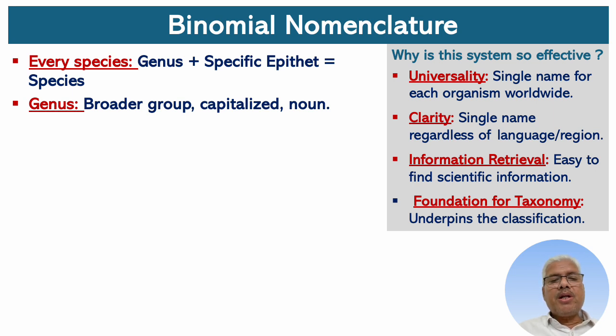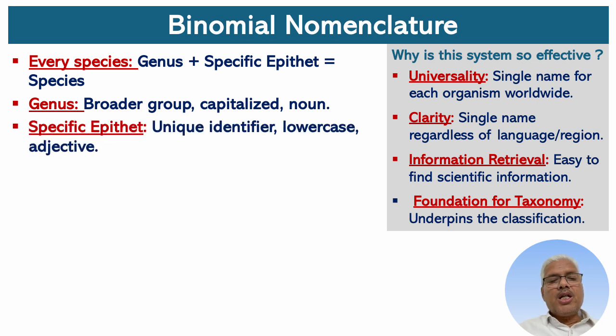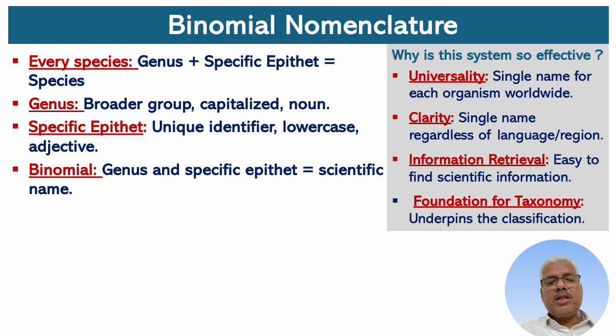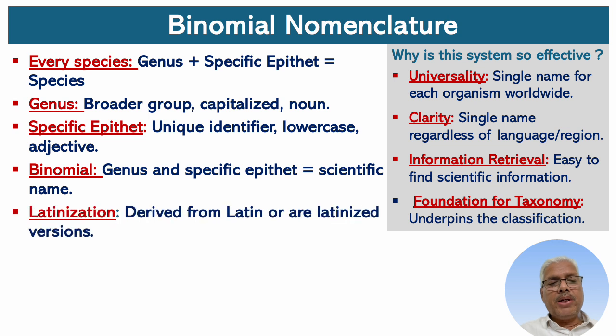It is always capitalized and is treated grammatically as a noun. The specific epithet is the unique identifier. It is the name of the species, distinguishing it from all other species within the same genus. It is always lowercase. It is often an adjective that describes some characteristic of the species. The genus and specific epithet together make up the full scientific name, also called the binomial.